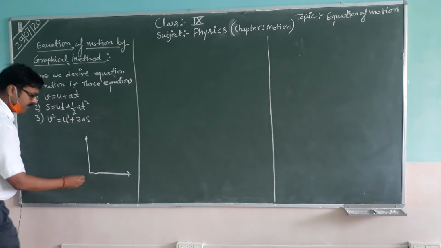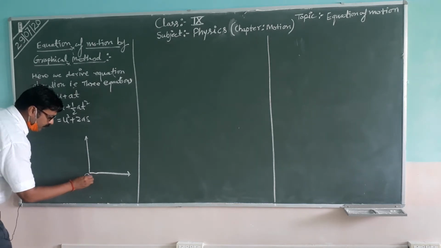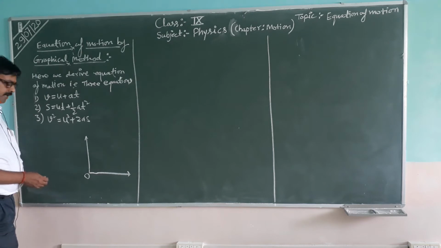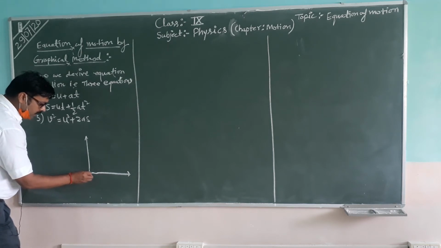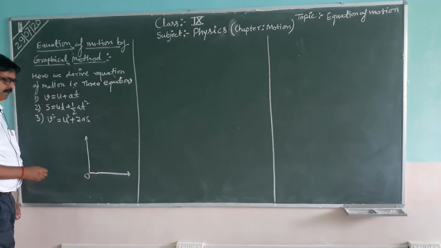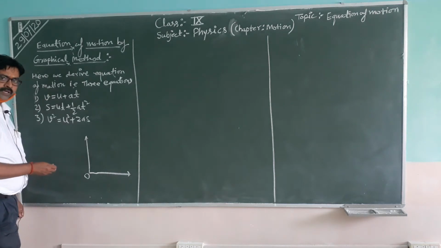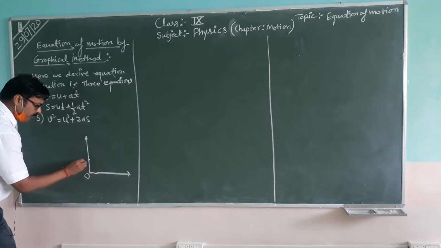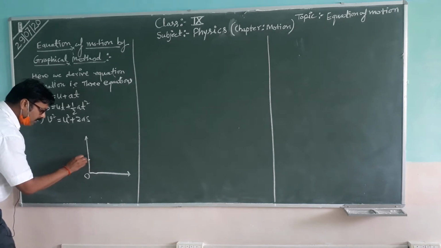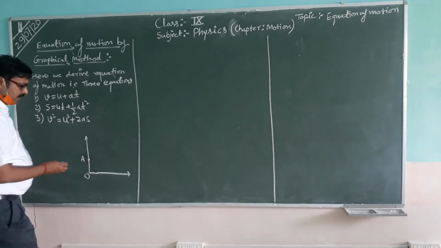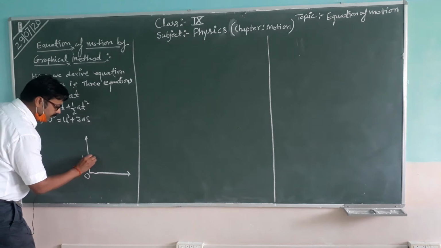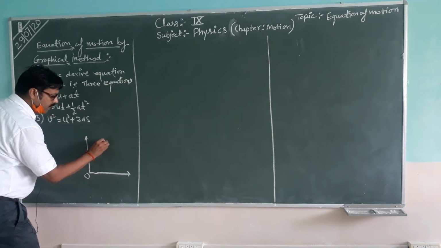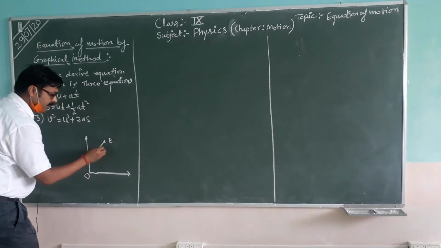This is the position O. If a body starts from the stationary point O and goes to point A, after that the body accelerates, and after acceleration it goes to another point, that is B.